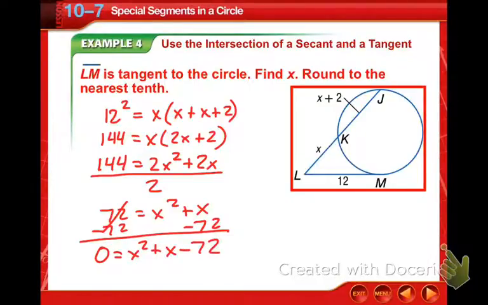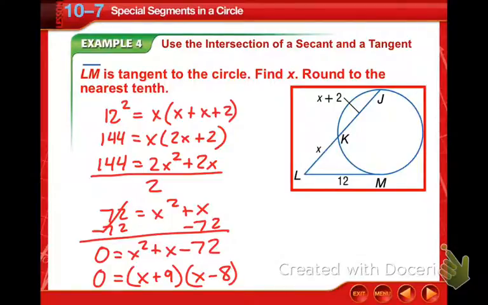Now we can factor that. Use whatever method you need to factor. But I know that 9 times 8 is 72, and they have a difference of 1. So we do a positive 9, because we have a positive x, and a negative 8, because we have a negative 72. That's it.